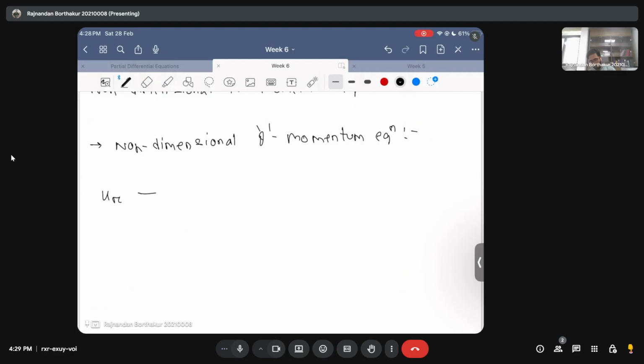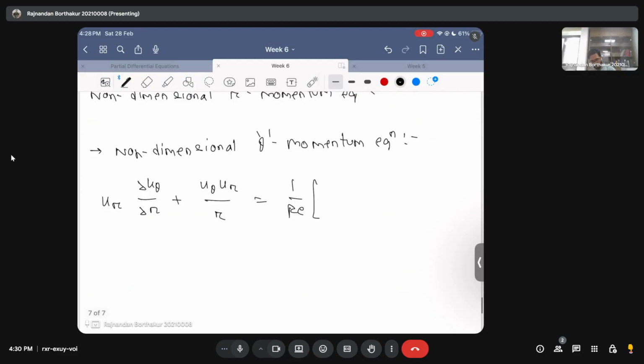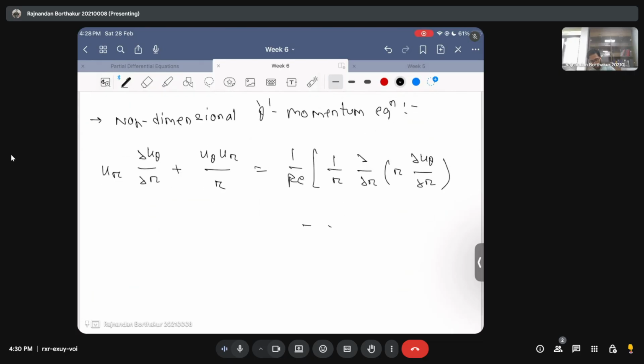u_r del u theta by del r plus u theta u_r by r is equal to 1 upon Re times 1 by r del by del r of r times del u theta by del r, minus u theta by r squared. Okay, this is going to be your non-dimensional theta momentum equation.